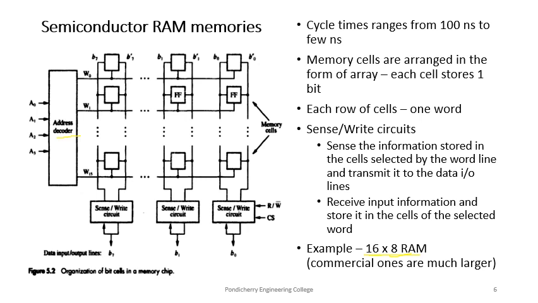To address 16 locations, we need only 4 address lines, since 16 is 2 power 4. So we have here 4 address lines, A0, A1, A2, A3, used to address these 16 locations. And there is an address decoder which will convert or map these 4 lines into 16 output lines. It's a 4 to 16 decoder.